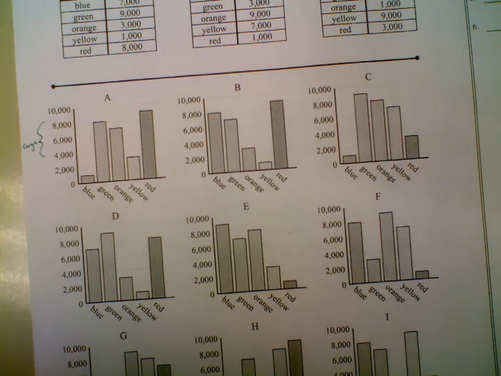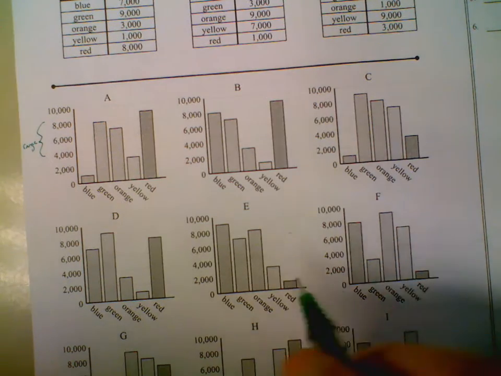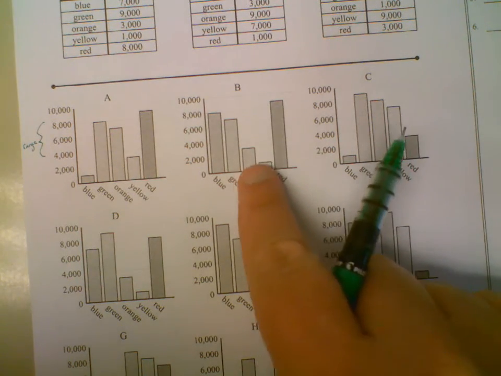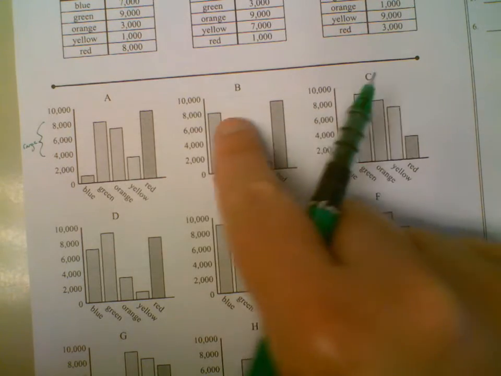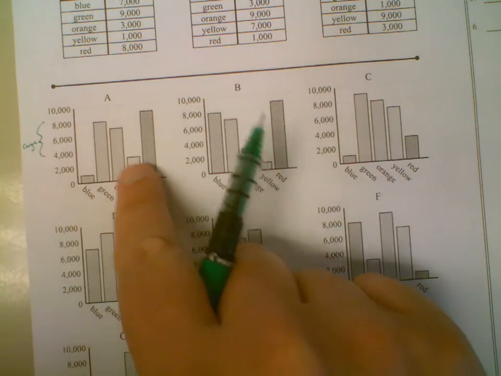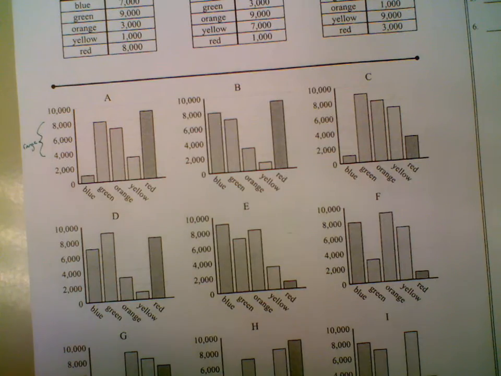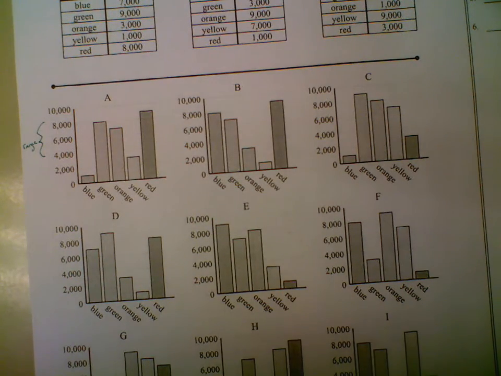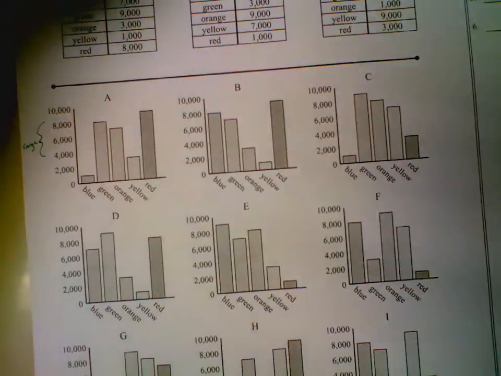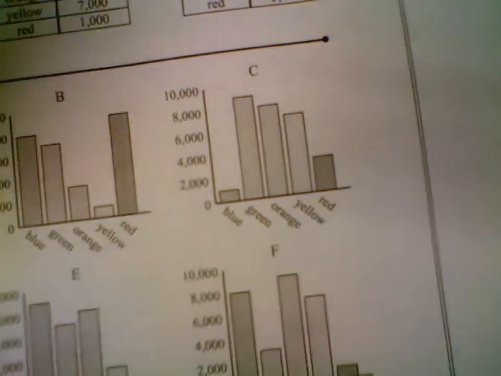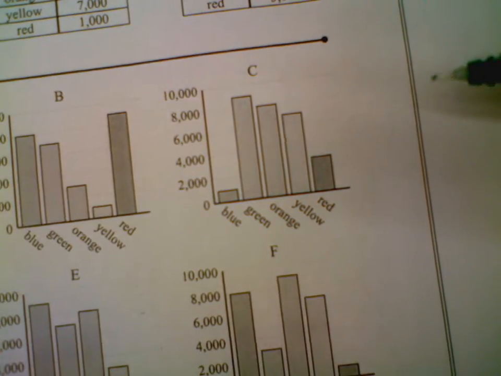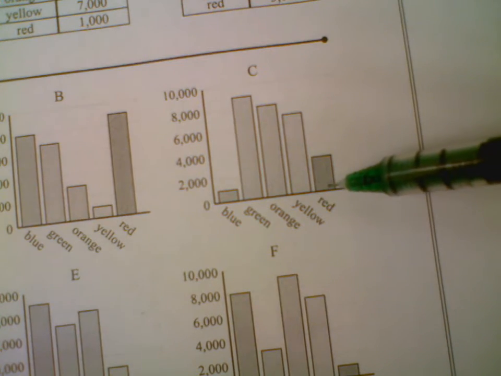And it looks like for just about all these, maybe 2 low ones and 3 high ones. There's 2 kind of lower ones and 3 high ones. So what if I said to you, just looking at this chart, chart C, how many more balloons are yellow than red?